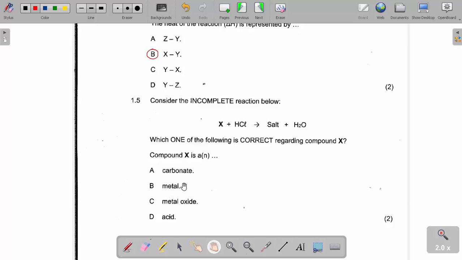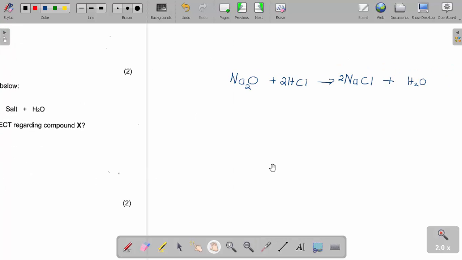So this is our answer here. I have an example for you: when I add sodium oxide plus hydrochloric acid, I get sodium chloride, which is the salt, plus water. So indeed, when I add a metal oxide plus an acid, I get a salt and water.